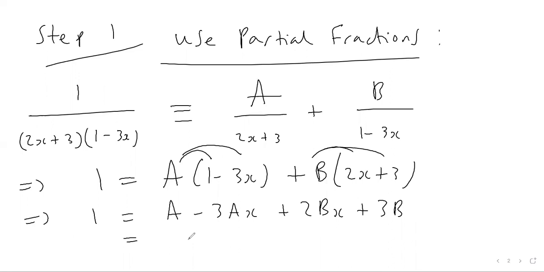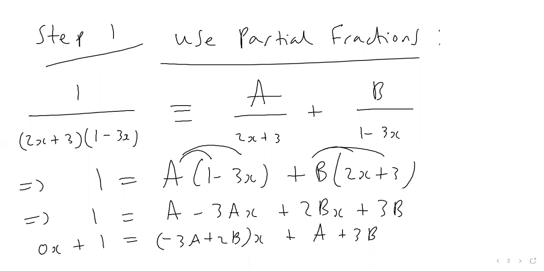So if we factorize our terms, we get minus 3a plus 2b lots of x, sorry, I wrote that wrong at first, and then a plus 3b. By matching up the coefficients, we've got a number 1 there, and then a 0x there.